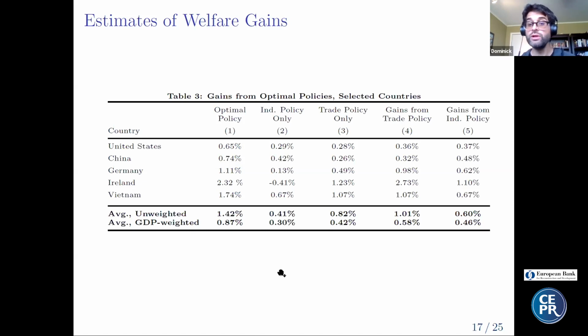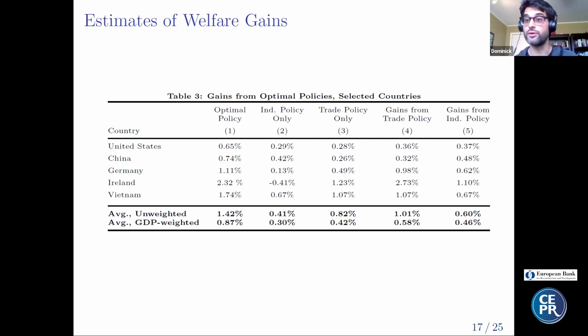Now, if you only do industrial policy, and you don't do trade policy at all, the gains are much smaller. In fact, they can even be negative, like for Ireland. Why is that? Well, if you implement the Pigouvian subsidies without implementing the optimal trade taxes, you will succeed in increasing your productivity and also driving down your terms of trade.